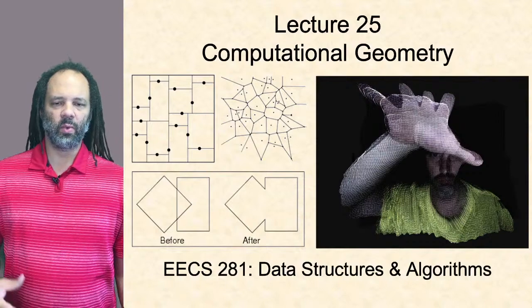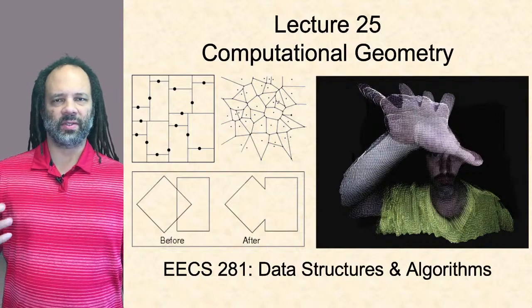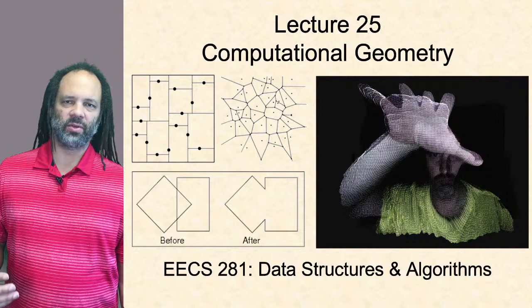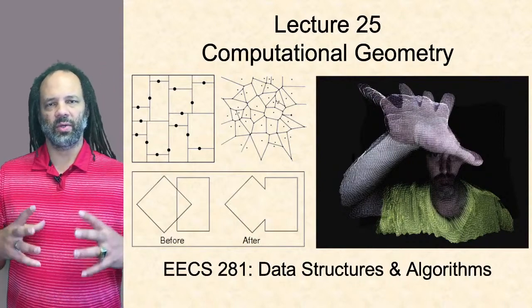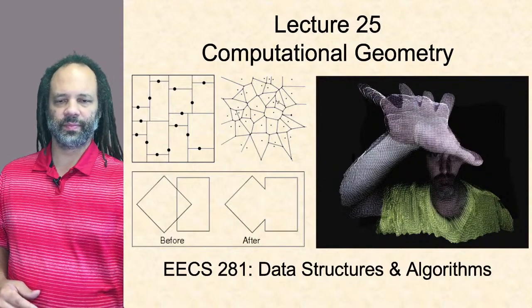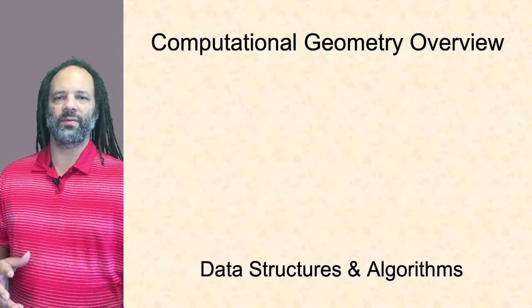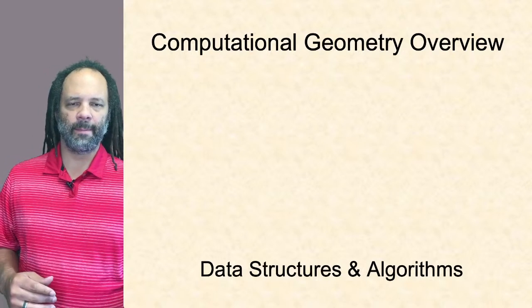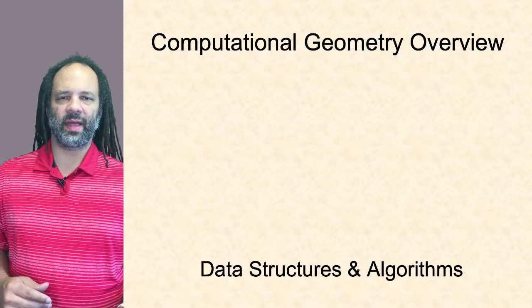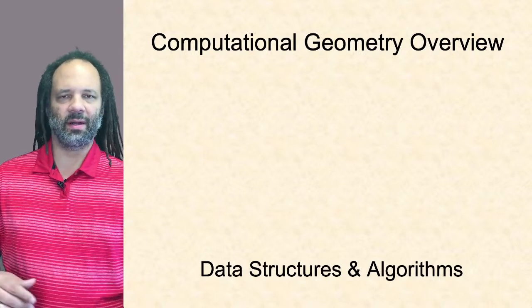This is how we can describe a 3D object or even a 2D object with these 2D or 3D meshes. We'll start out with a computational geometry overview, get some basic things out of the way, look at a few other things after that, and then we'll call it a day.